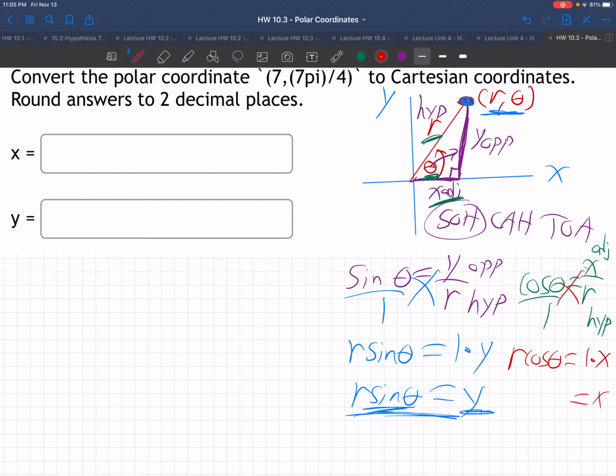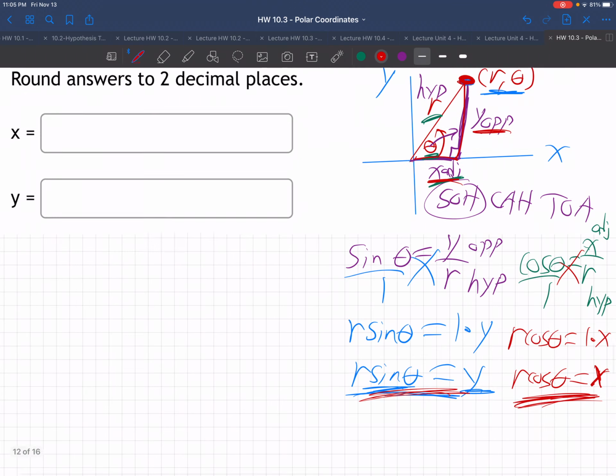In other words, x is r cos theta. So that's where we're getting those. If you take any point r theta, angle theta, shoot out a distance r, your rectangular coordinates, just using SOHCAHTOA, the x will be r cos theta and the y will be r sine theta. That's where those formulas come from.